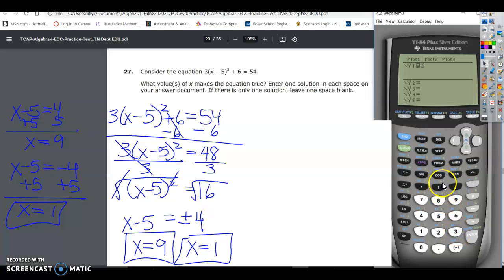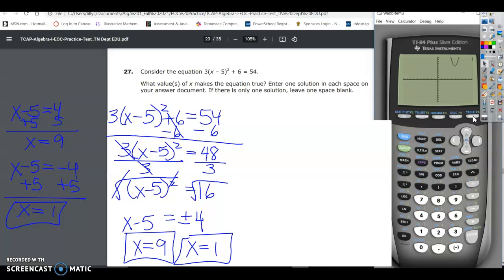So we're going to do 3 times (x minus 5) squared, and then plus 6. Then I'm going to scroll down and put 54 in as my second equation, and hit graph.